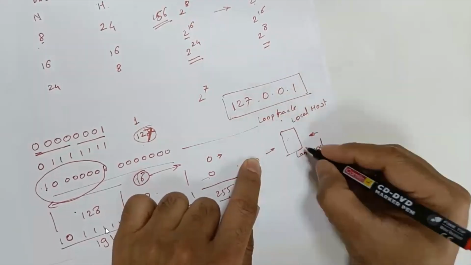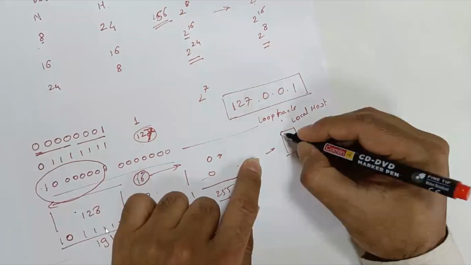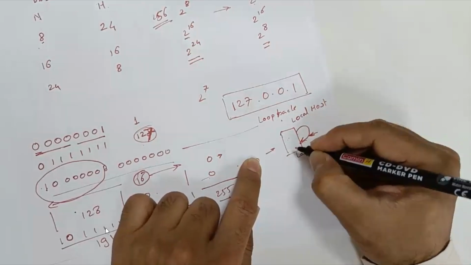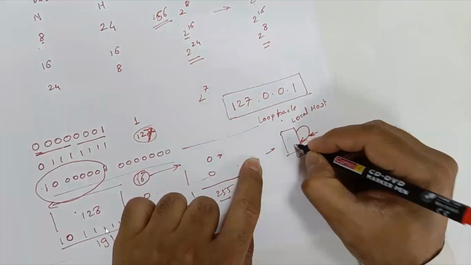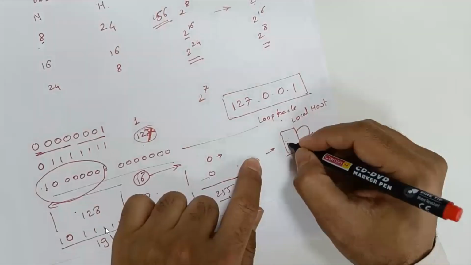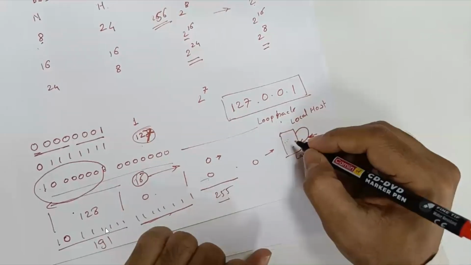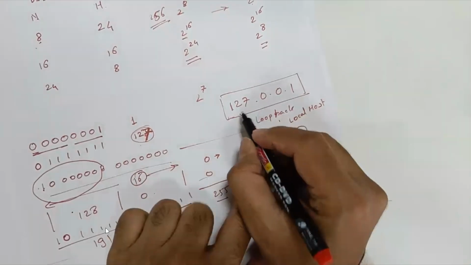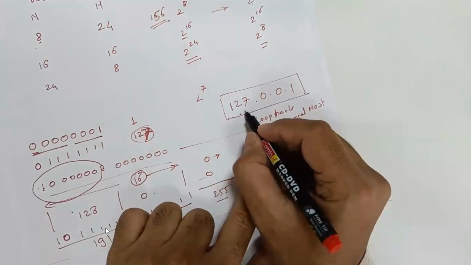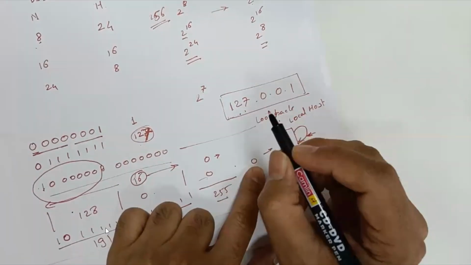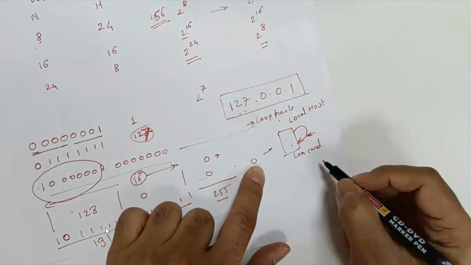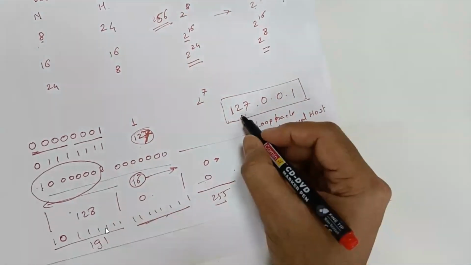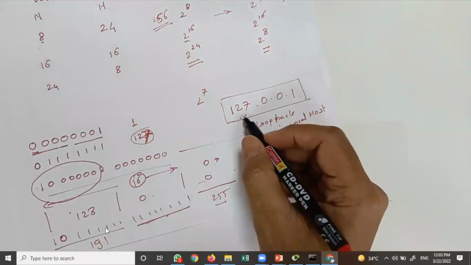So you are not connected to any network. You are talking to yourself only. This is your own server and this is your own client. In that case, you don't have to work with any other IP address. You have to work with this IP address. So this 127 IP address is dedicated to the loopback concept. You are looping to yourself. That's why this IP address is not used by any class.